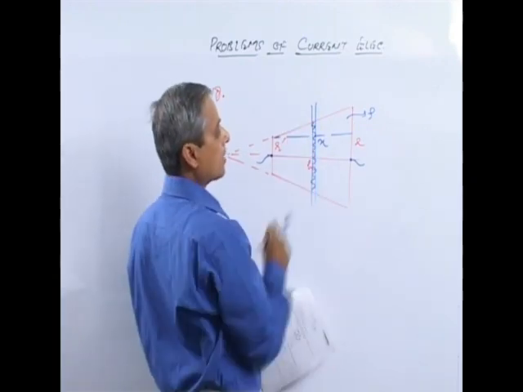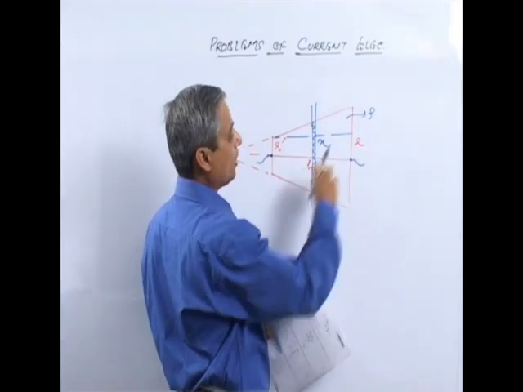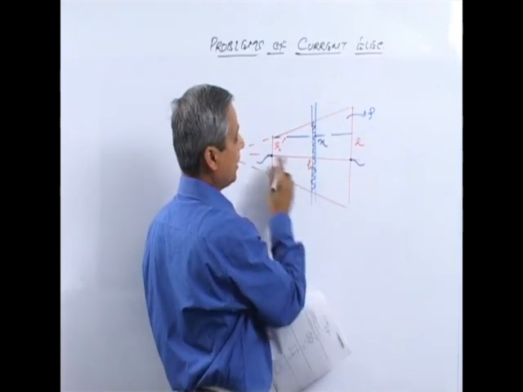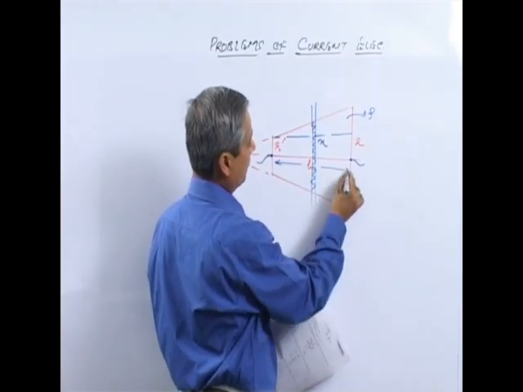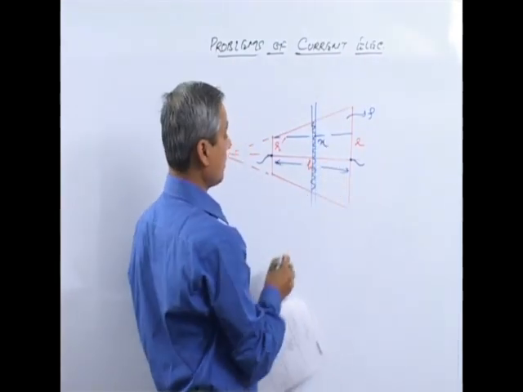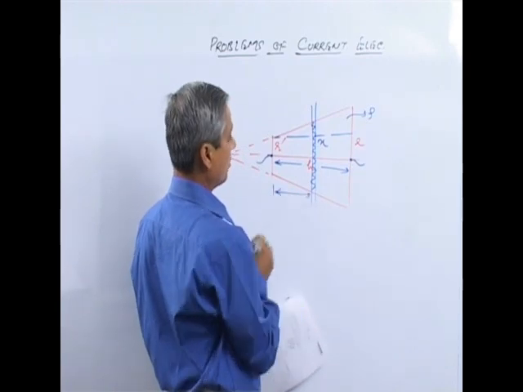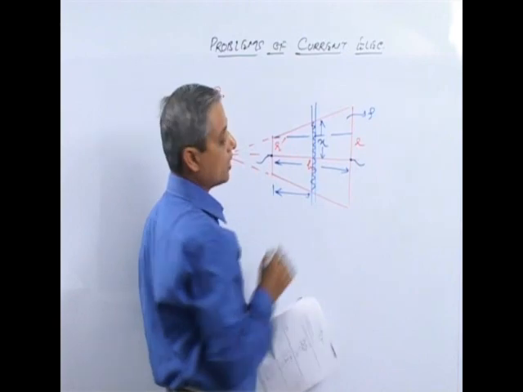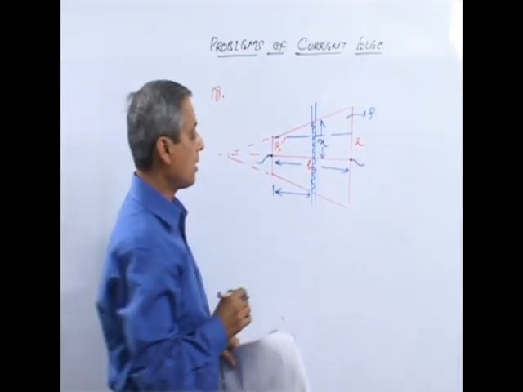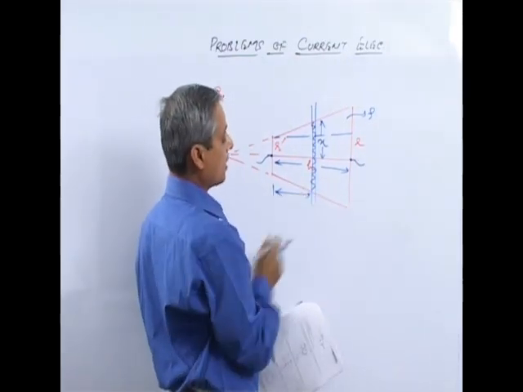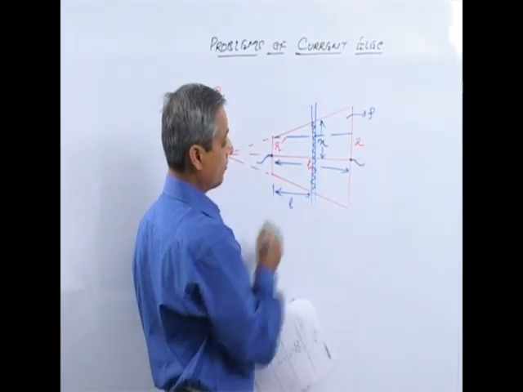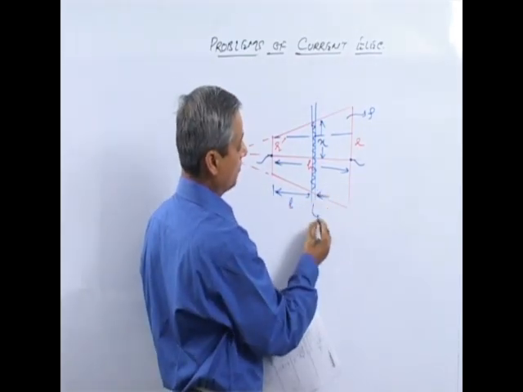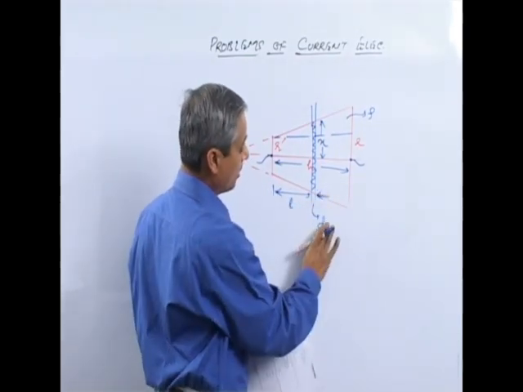So if you apply the similar triangle rule, R minus R dash divided by H is, suppose this is x and this is let's say L, so this will become dl.